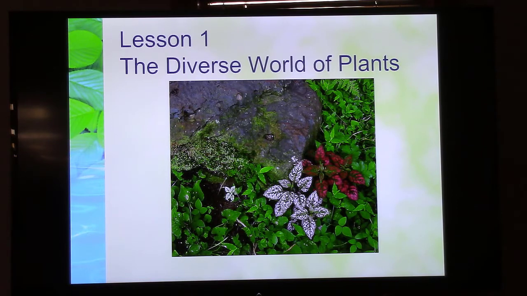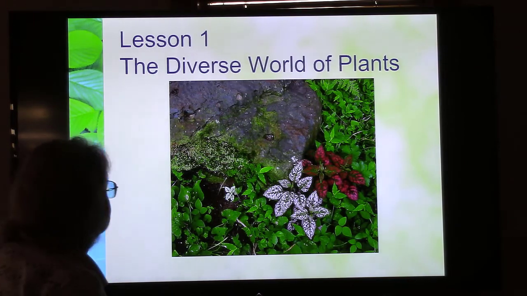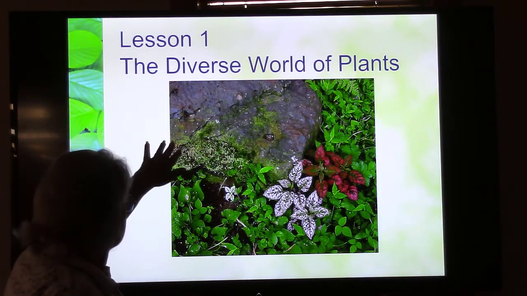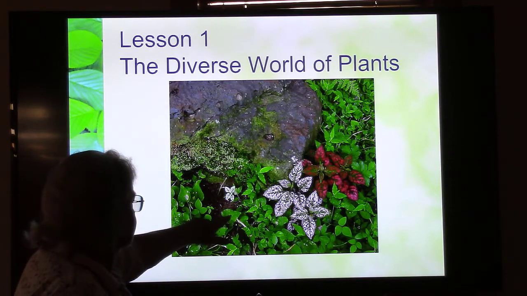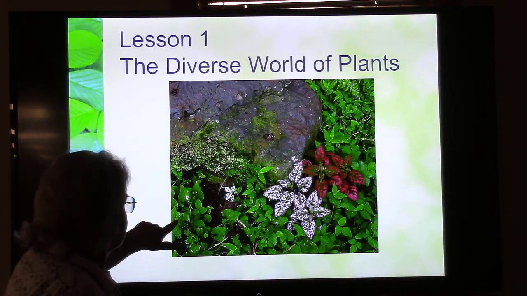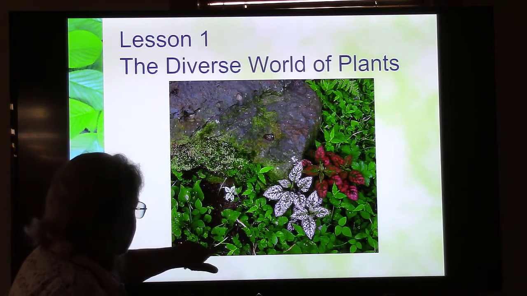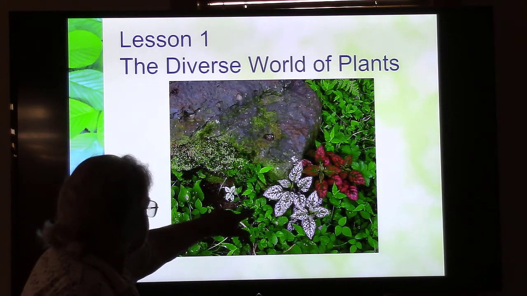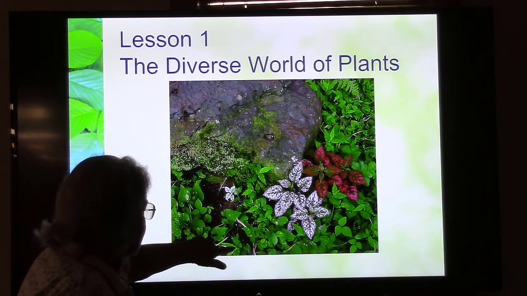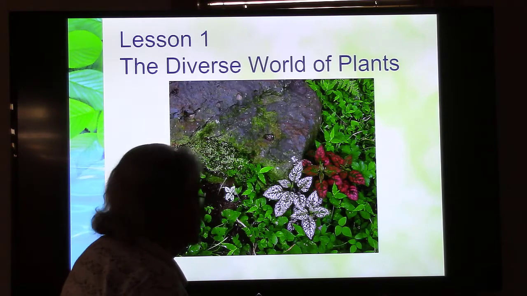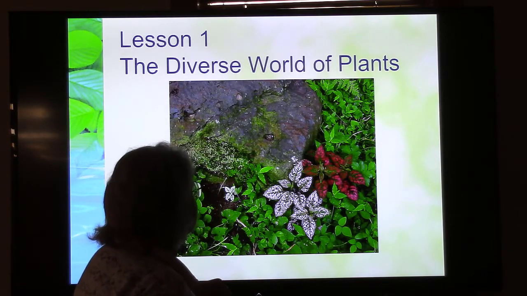I took that picture in my yard several years ago. It includes some moss growing on a rock. It includes wild violets. A very nice little grass ground cover that turns out to be not native, but it's everywhere.